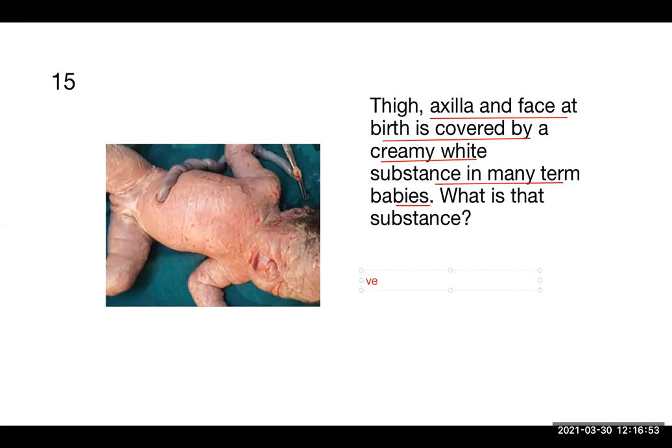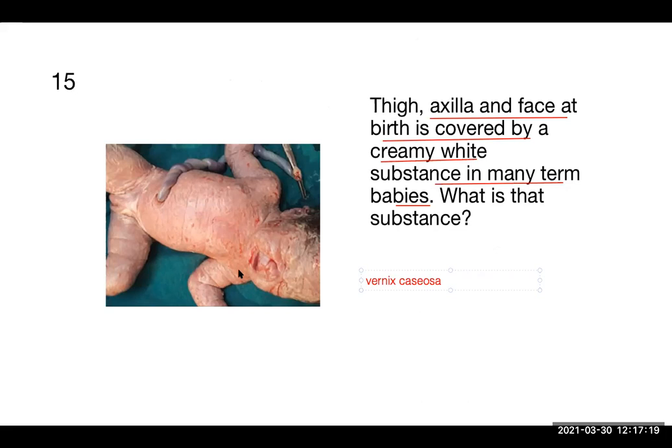This is known as vernix caseosa. Vernix caseosa is a sticky, white substance, and it has a protective function: it protects from the hypothermia which may develop in that newborn.